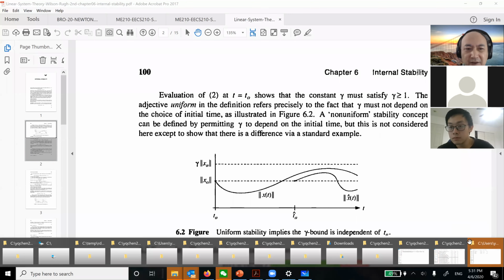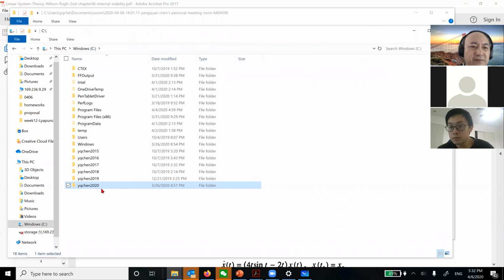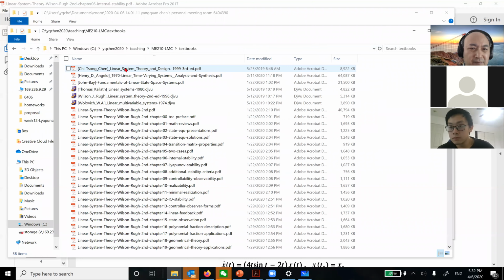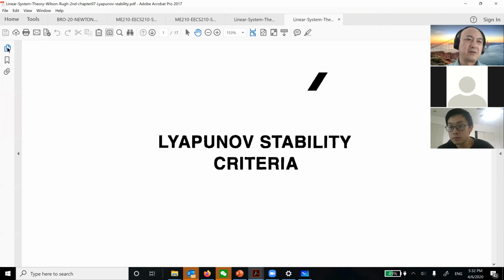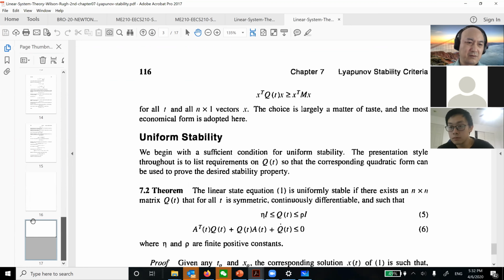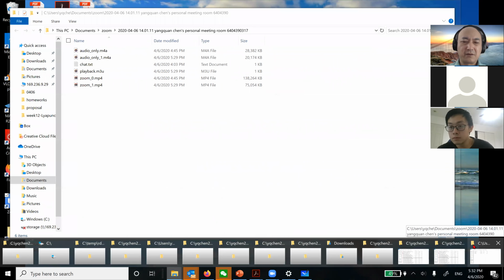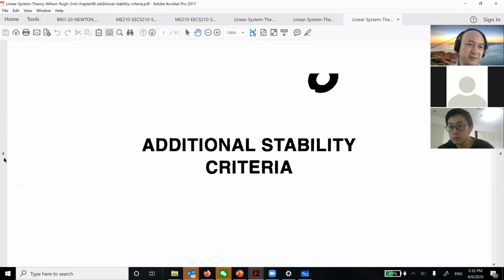It will not be chapter 5. 208 will be the output stability.